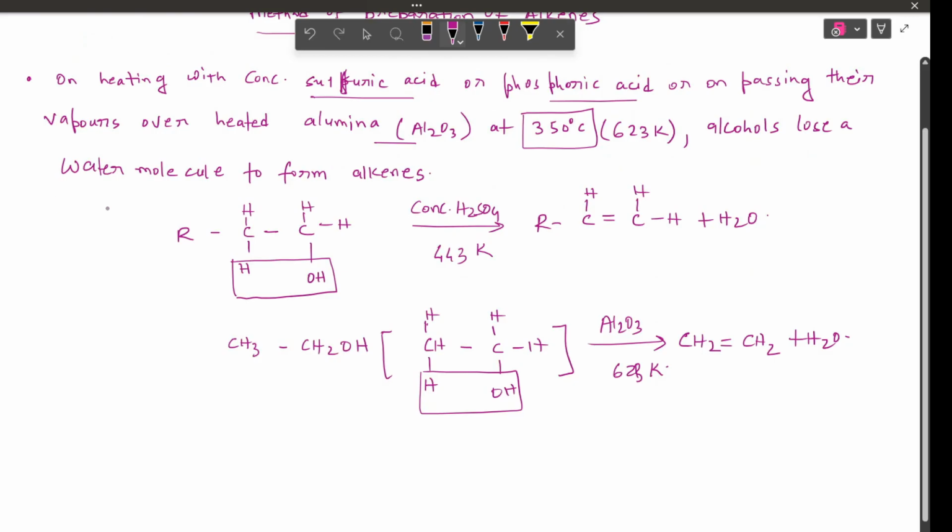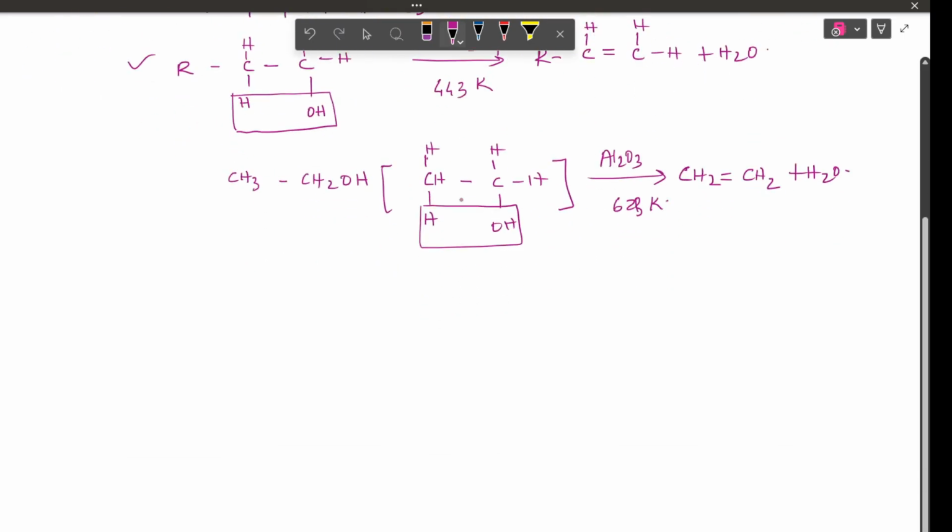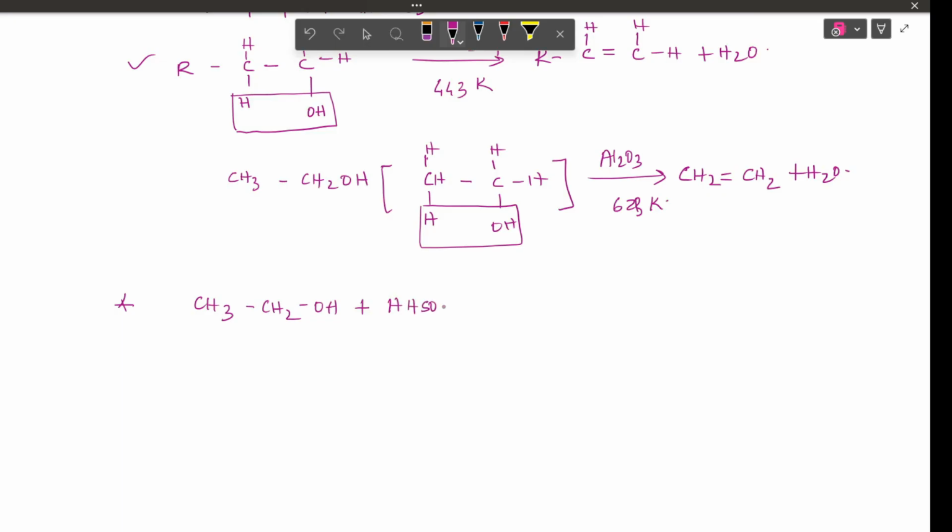If we consider this reaction with concentrated H2SO4, so let us say we have CH3CH2OH, that is this ethanol, with H2SO4. So we are writing H2SO4 as HSO4.